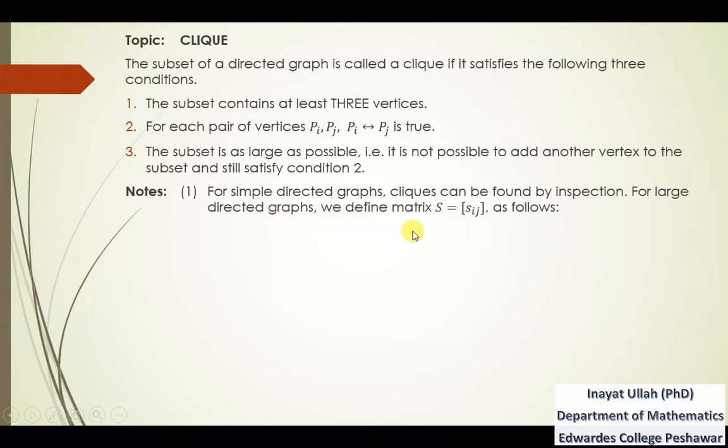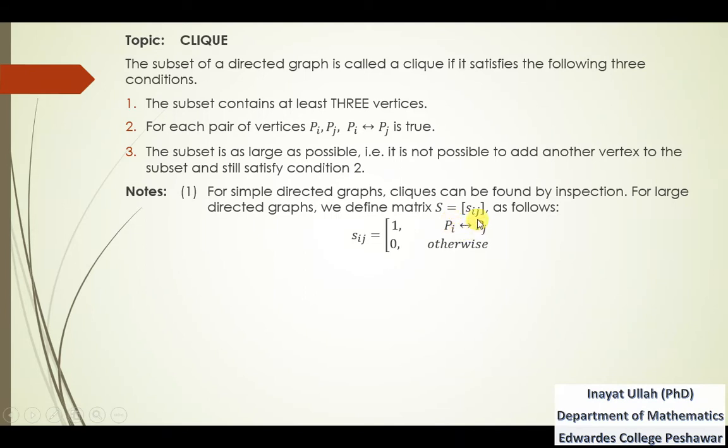We define a matrix S. We define a matrix S whose entries are Sij as follows. This entry Sij will be equal to 1 if there is an edge from Pi to Pj and then from Pj to Pi.